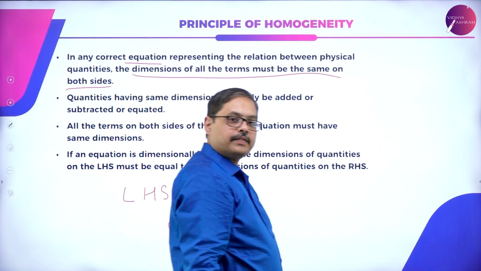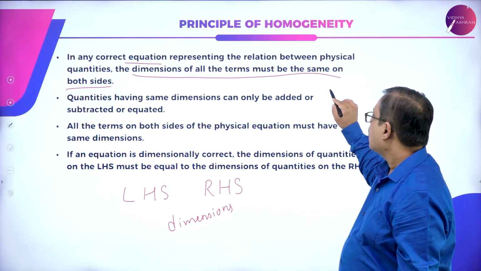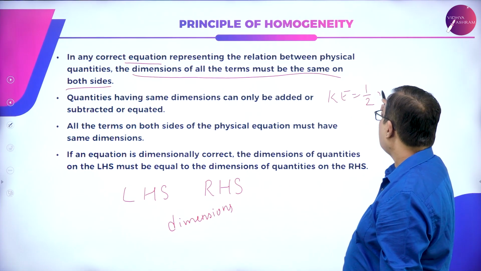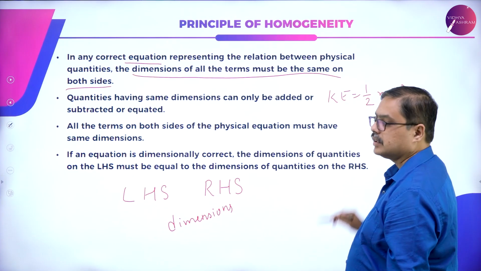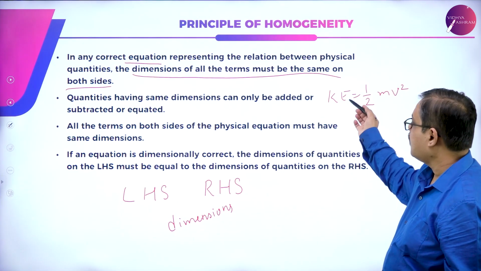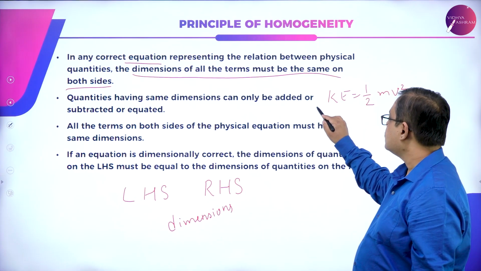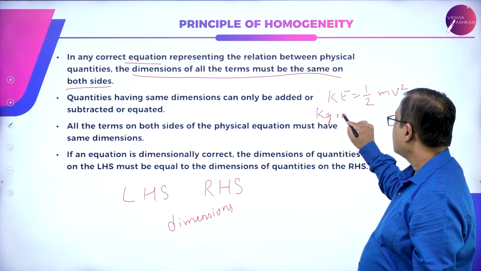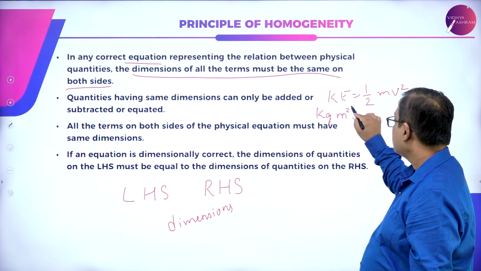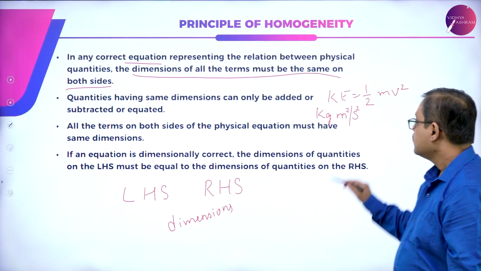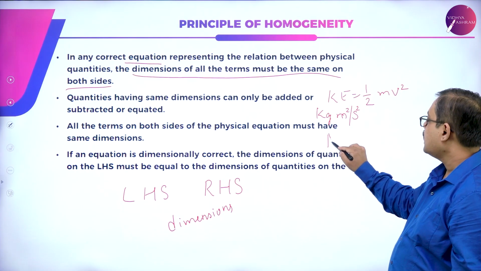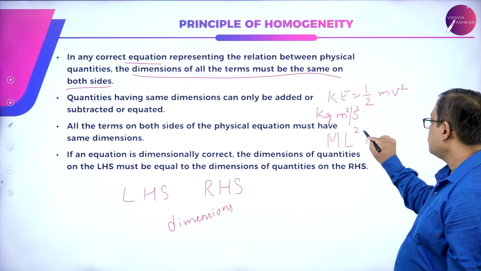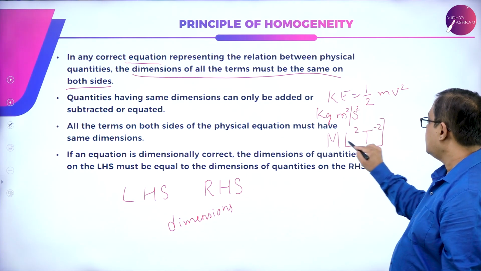Say for example, kinetic energy is given by the equation half mv squared. Kinetic energy is given by kg meter square per second square. So the dimensional equation becomes, for kg mass there is 1, for length there is 2 and for time there is minus 2. This is the LHS.